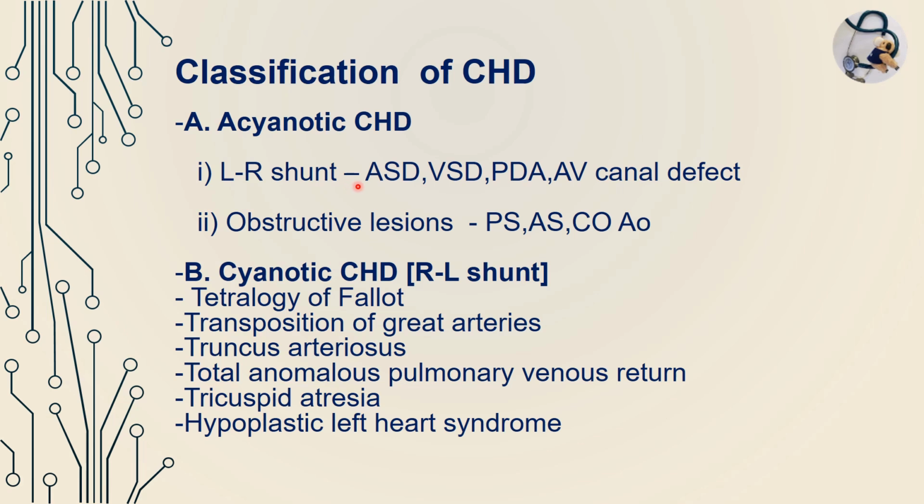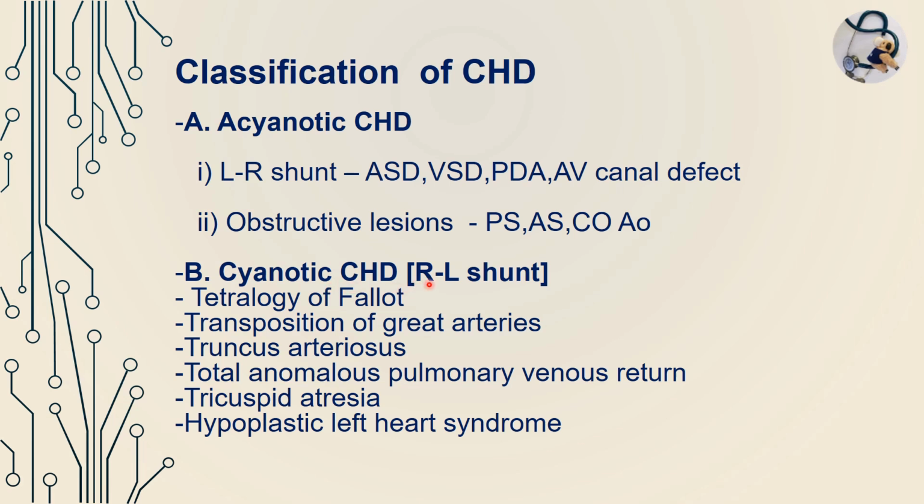Under this come atrial septal defect, ventricular septal defect, patent ductus arteriosus and atrioventricular canal defect. And then obstructive lesions, that is including the tubes: pulmonary stenosis, aortic stenosis, coarctation of aorta. So both of these are acyanotic heart disease. And another broad category is congenital cyanotic heart disease.